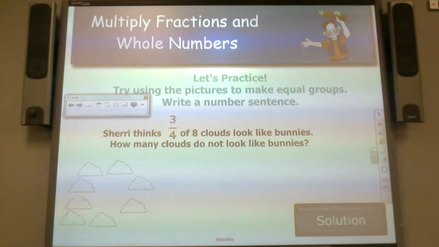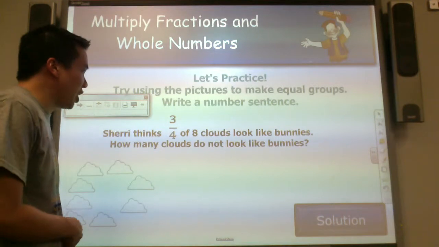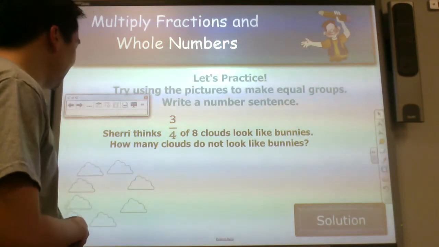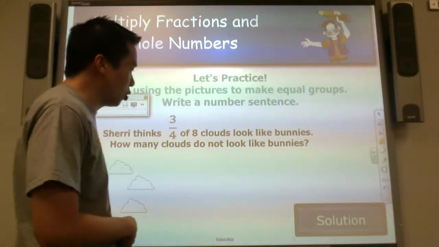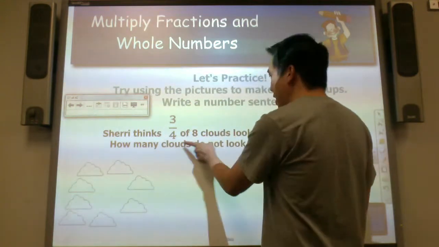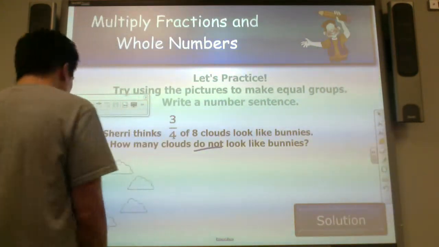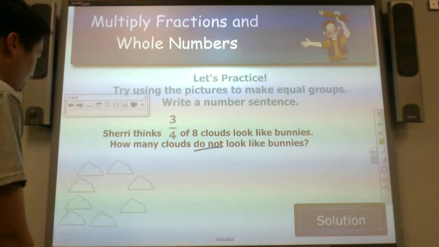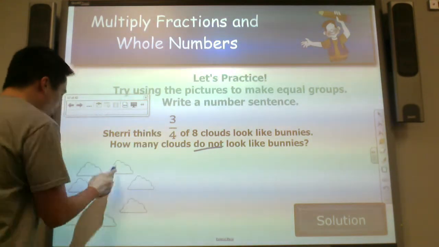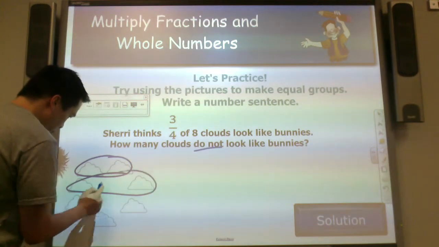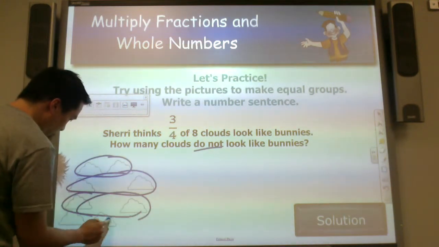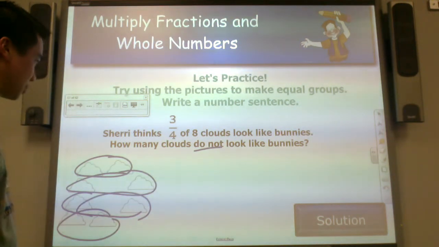So next one. Sherry thinks 3/4 of 8 clouds look like bunnies. How many clouds do not look like bunnies? Do not. Ooh, trick question. So here are 8 clouds. Let's break them into groups of 4s. So 4 groups. Break them into 4 groups.